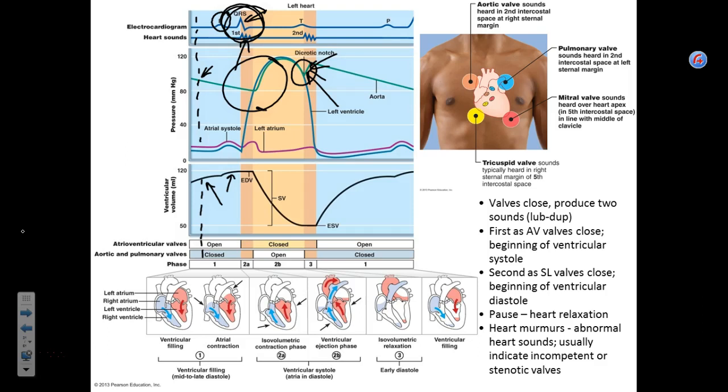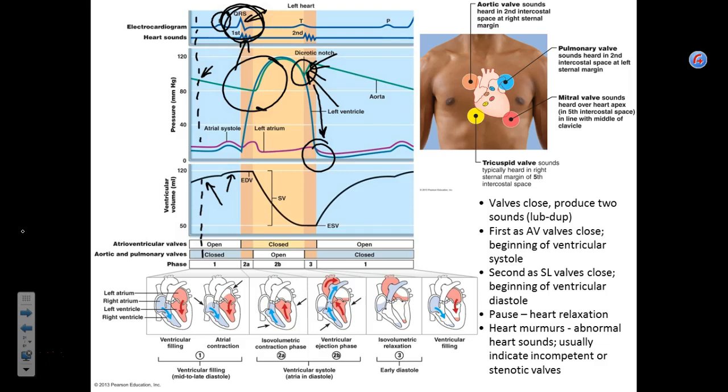So both valves are closed. Pressure in the ventricle decreases, and eventually it falls below the pressure in the atrium, and at this point, what's going to happen? Relaxation and opening of the AV valve. Does that make sense?